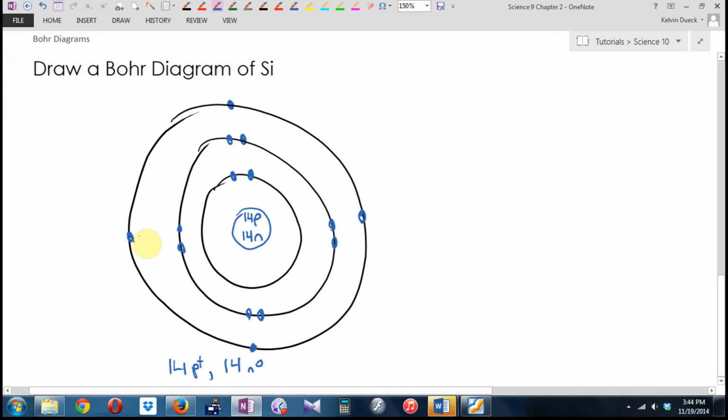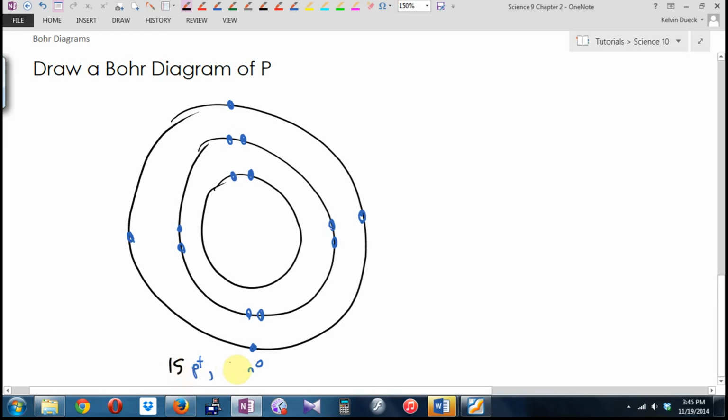What's just to the right of silicon? Aluminum. To the right. Phosphorus? What if the question had said, draw a Bohr diagram of phosphorus? I would change that. So now, how many protons does phosphorus have?